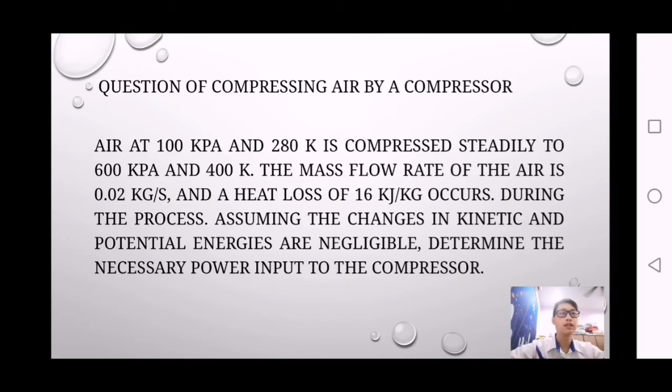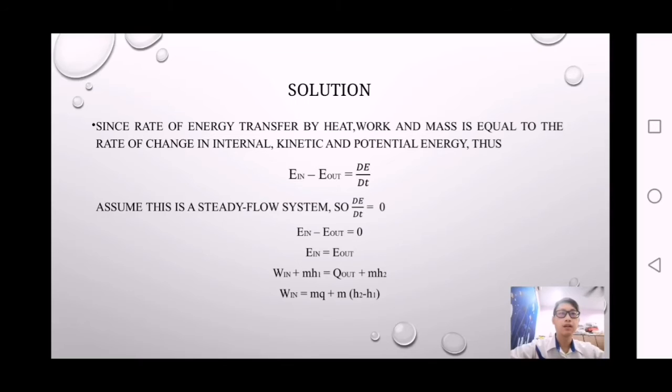Now we see the solution. This is how I start my solution. Since the rate of energy transfer by heat, work, and mass is equal to the rate of change in internal, kinetic and potential energy, thus the energy input minus the energy output will equal to the rate of change in the system.